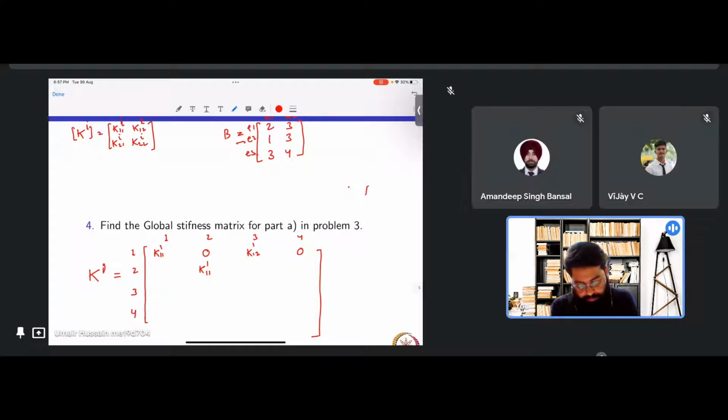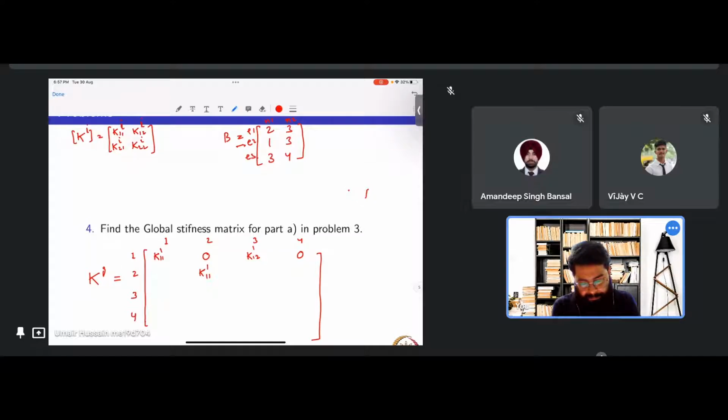And for 2 3 we have contribution from 2 3. We again have from 1, K1 2 of 1, and 2 4 there is no connectivity.